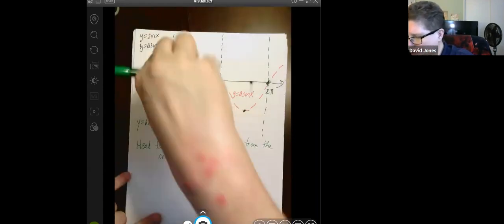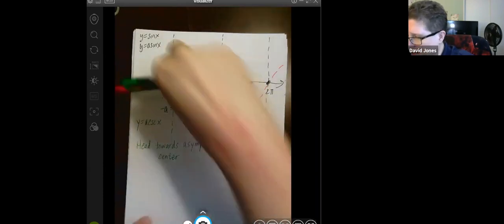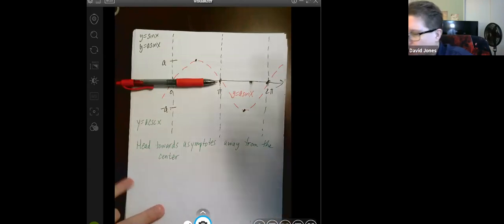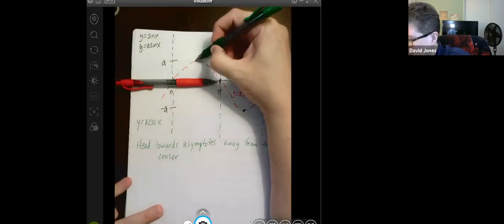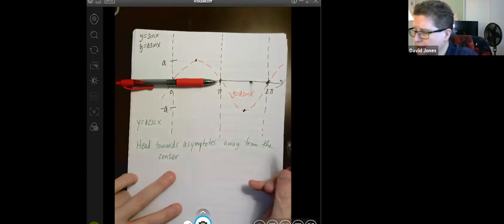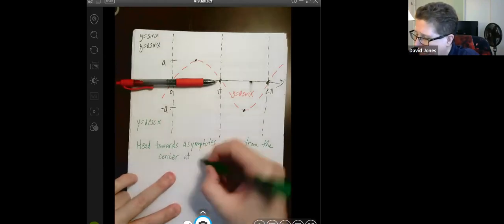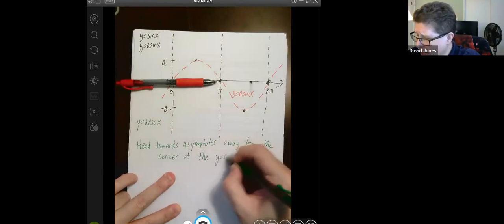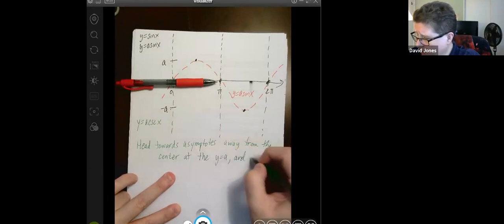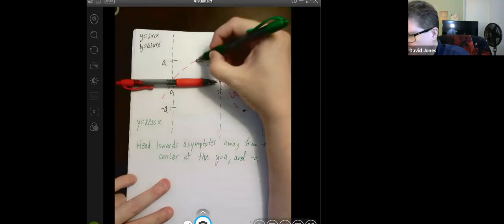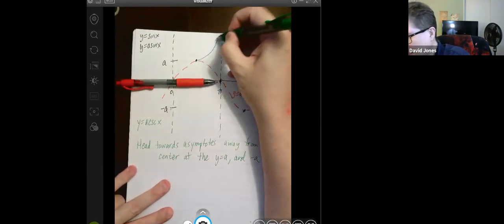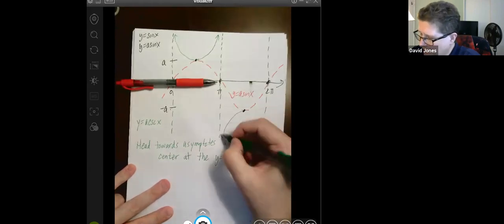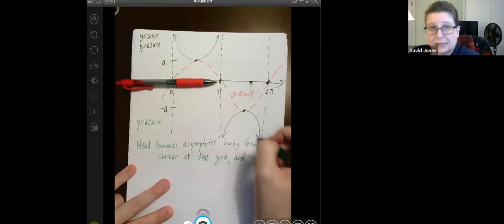What I mean by the center is this line right here is the center vertically up and down. So if I'm at this point, we head towards the asymptotes away from the center at the y equals a and negative a points. So here I'm going to do this and that. And I'll do that. And I'll do that.